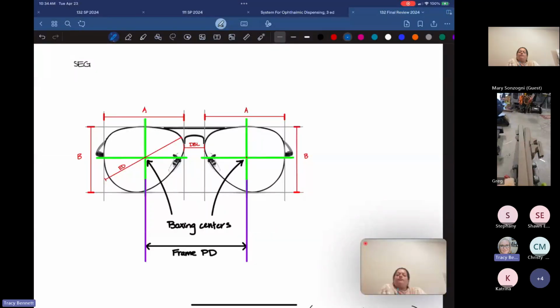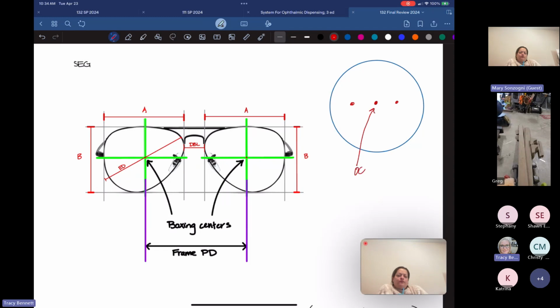Okay, so this is a boxing system. If we don't do any decentration, we're not telling it anything different, meaning we're not going to place that lens anywhere different. Let me draw a lens here, and let me take the 3 lensometer spots. And that's our OC.